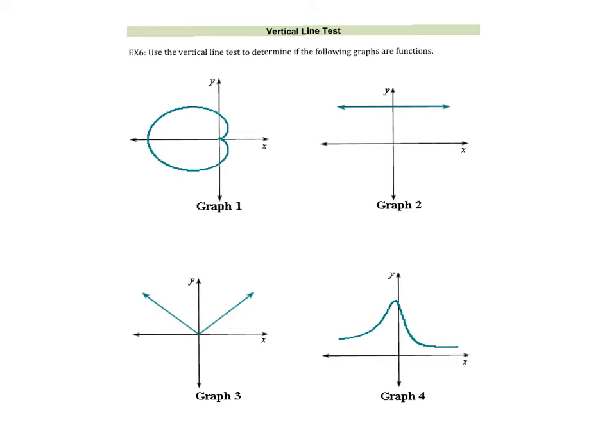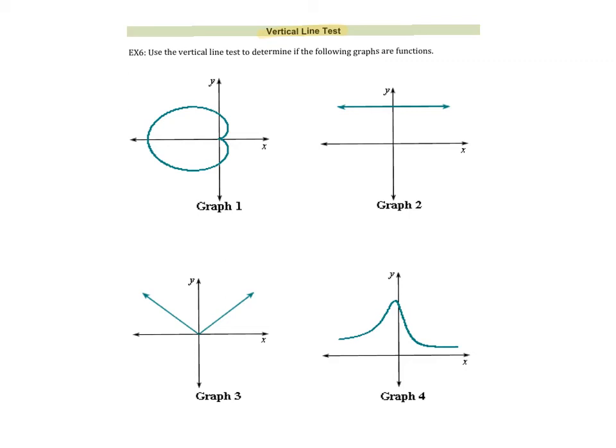Well, we use the vertical line test. And the vertical line test says if every vertical line passes through at most one point, then it is a function. If you can find even one vertical line that passes through two or more points on your graph, then it's not a function.